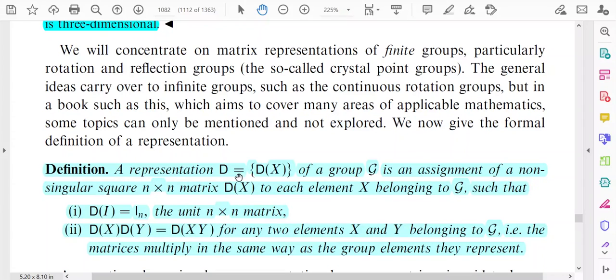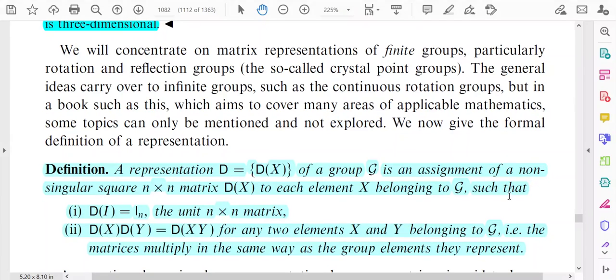A representation D, equal to the set of matrices Dx, of a group G is an assignment of a non-singular square n by n matrix Dx to each element x belonging to G. That means for a particular group G, we will obtain a set of matrices D, and we denote D equal to Dx, where Dx is a non-singular n by n square matrix.